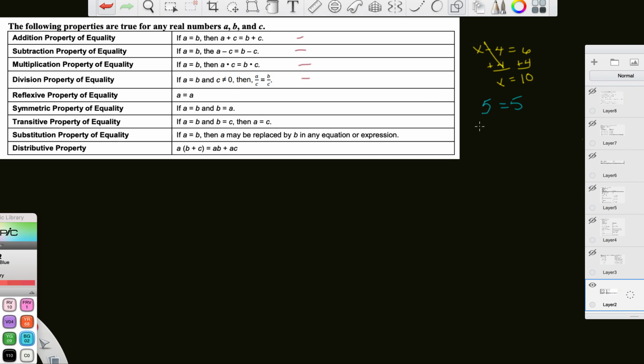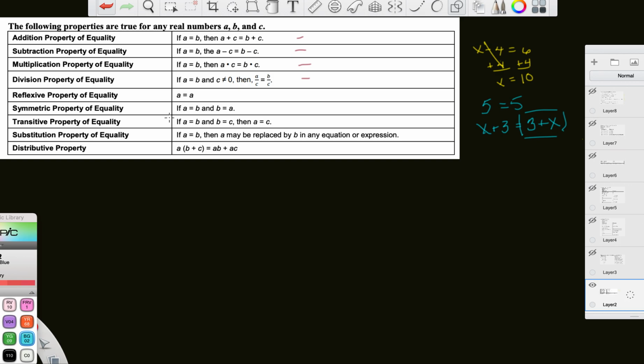A is equal to B and B is equal to A. So if you say x plus 3 equals 3 plus x, you would say that that is the symmetric property, because it's like there's a mirror right here, and this is just the reflection in the mirror, right?